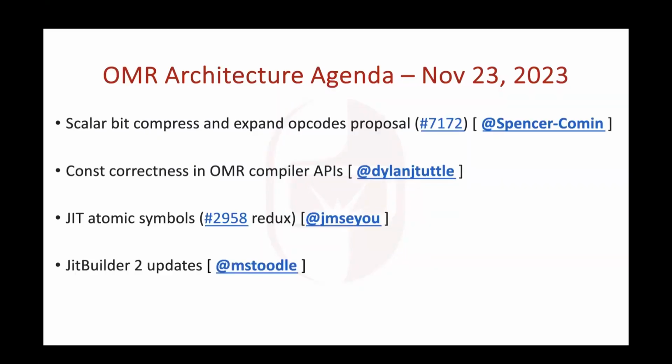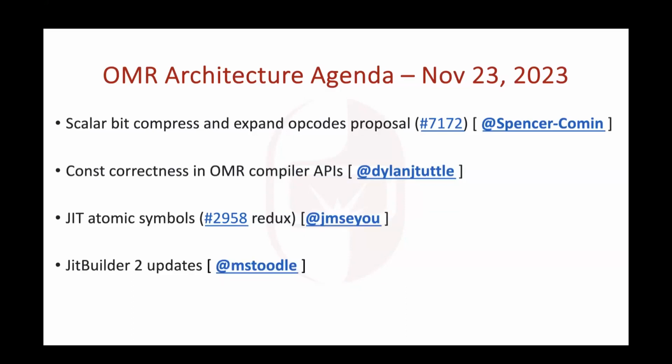All right. Let's move on to sort of a late-breaking topic today. So James has been looking at intrinsifying some of the unsafe methods. This is a Java thing, obviously, but the symbols reach back into OMR.